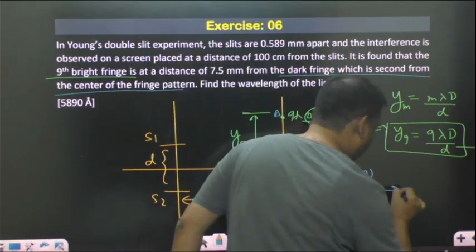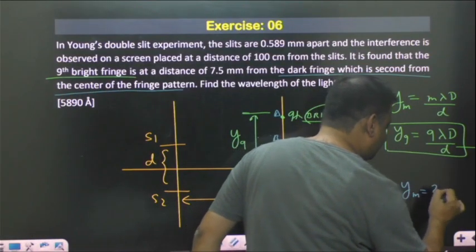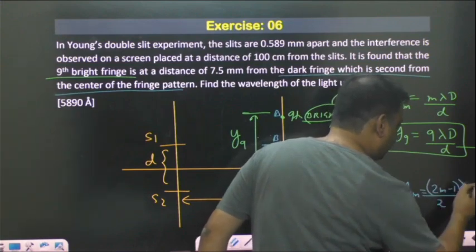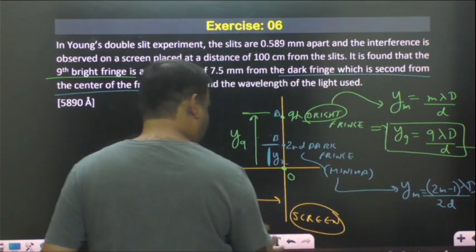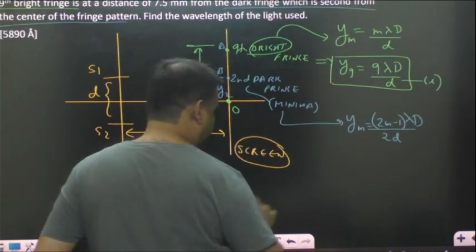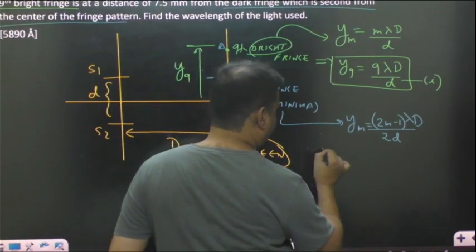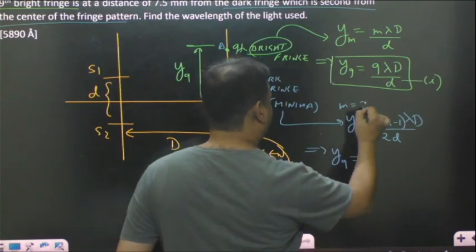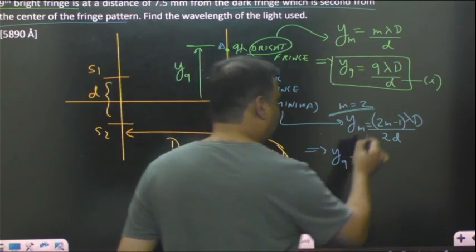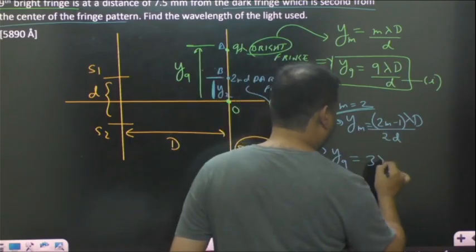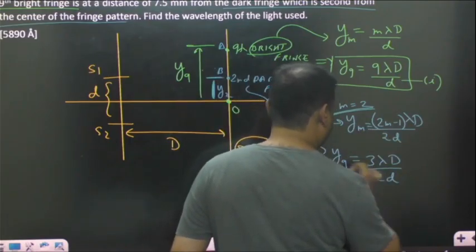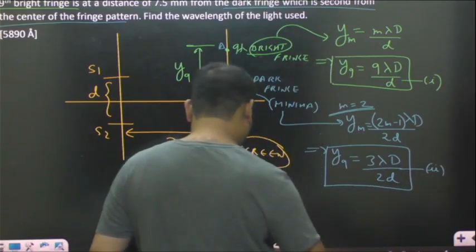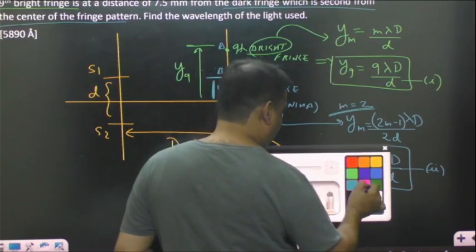For the mth minima, the formula is (2m minus 1) lambda capital D by 2d. Remember, the formula gets changed for minima. So the coordinate of this minima will be, m will be how much? 2. We are talking about the second minima. 2 into 2 minus 1 will be 3, so 3 lambda capital D by 2d. So this is your position of the second minima, correct?